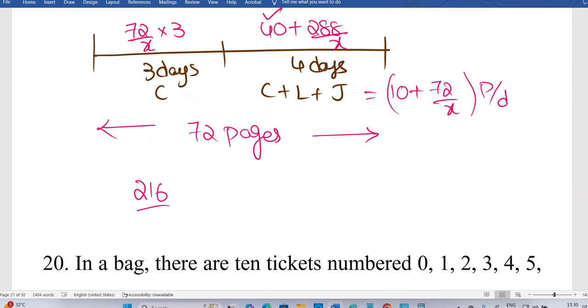216 divided by x plus 288 divided by x must be equal to 32. X will come to this side.